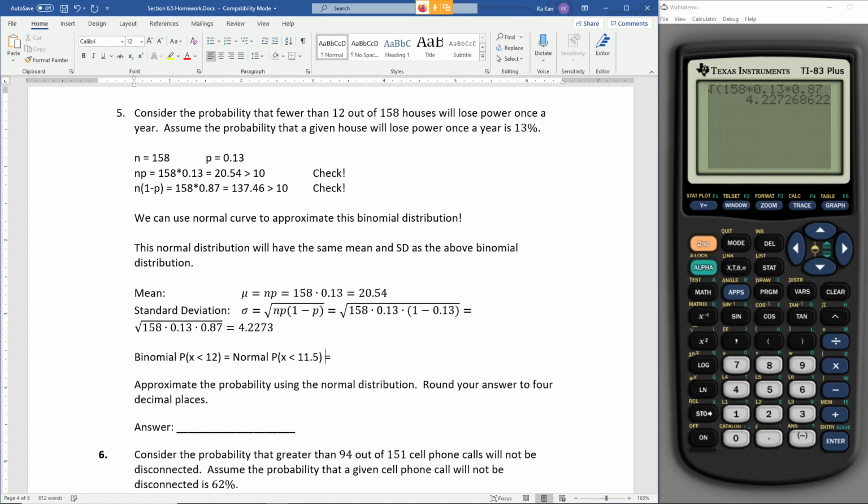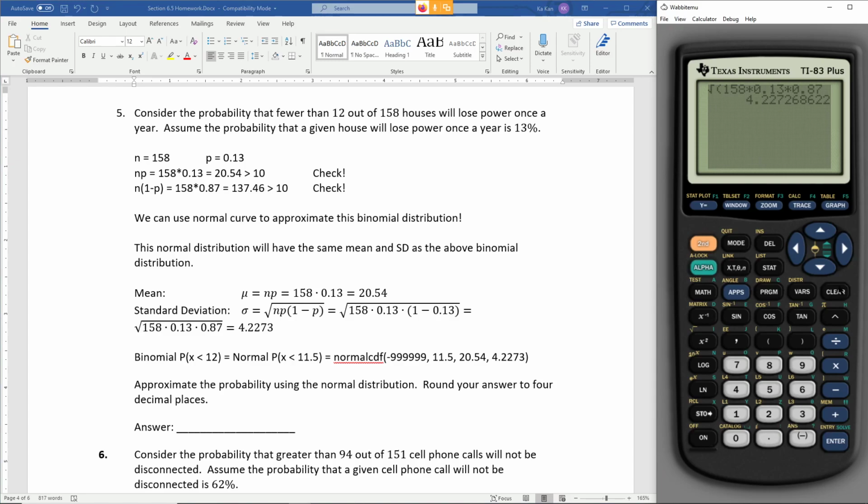So how do we do this? Well, isn't that equal to normal CDF? Remember from the last session? Less than, so normal CDF, what's the left bound? Will be negative 999,999, negative infinity. How far do we go? 11.5, because we're doing less than 11.5. Then the mean, 20.54, that's up here. And then what's the standard deviation? 4.2273, like this. It's pretty weird, right?